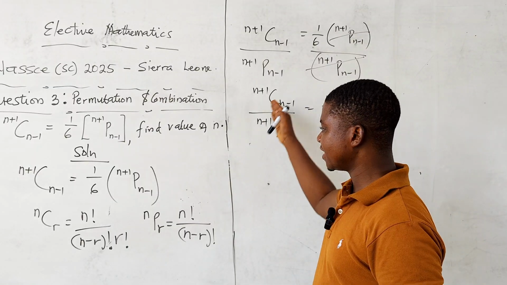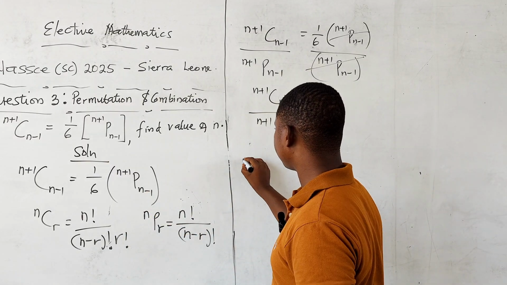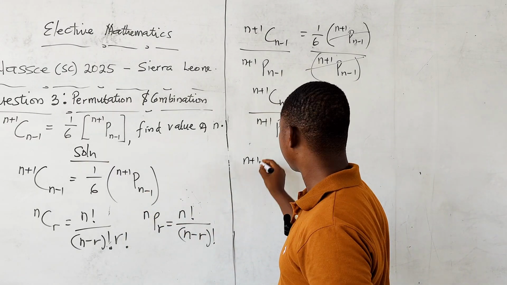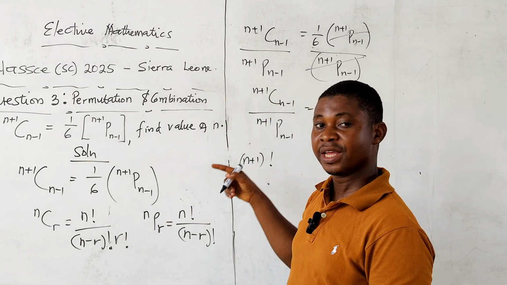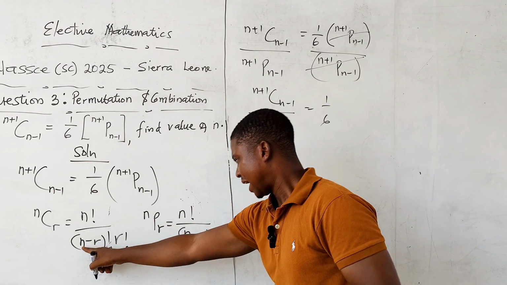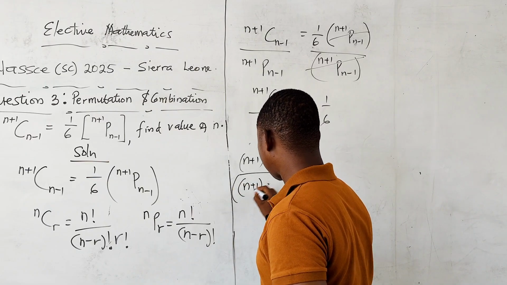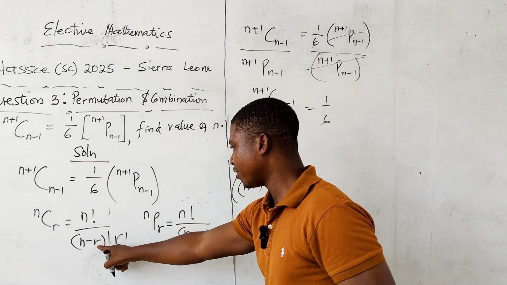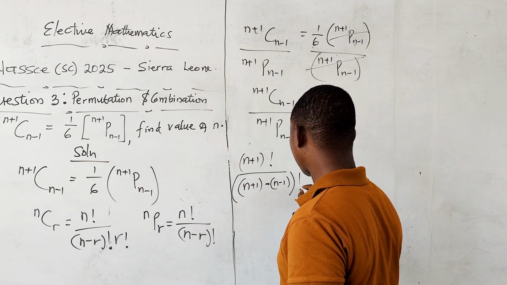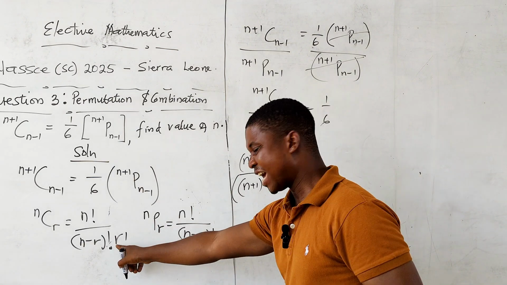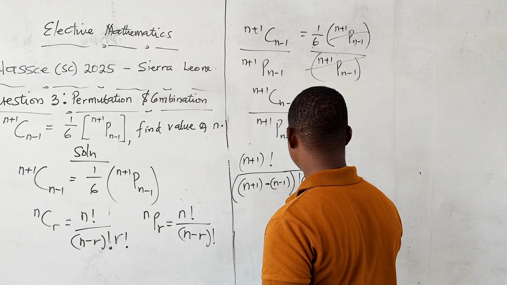So comparing this to this one, we can have (n+1) factorial. I'm looking at the combination over n, which is n+1, minus r, which is what? n minus 1, factorial times r, and r is also (n minus 1) factorial.